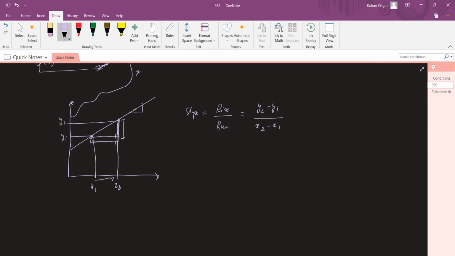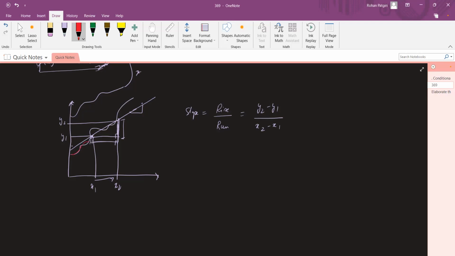Okay, so this is what a slope is. Before coming to calculus differentiation, this is also the definition of the average slope, you can say. Consider another line. Let me use another color.